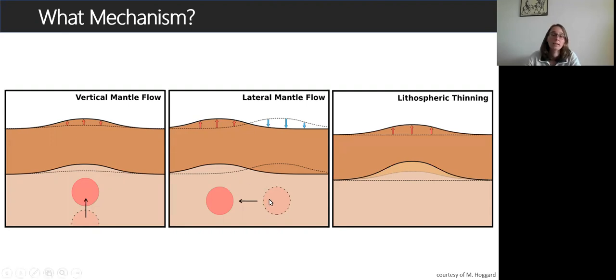And that could be either lateral flow or a small scale convection cell. Or you could simply have lithospheric thinning, replacing cold, dense lithosphere with hotter, less dense asthenosphere, which lifts everything up. So in order to decide between these three different mechanisms, we want to look at mantle potential temperature and lithospheric thickness.